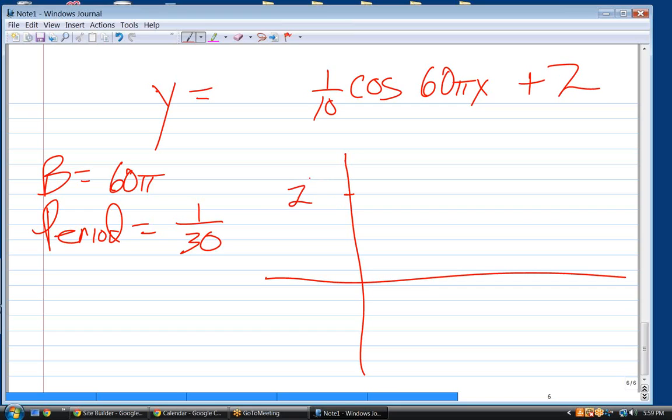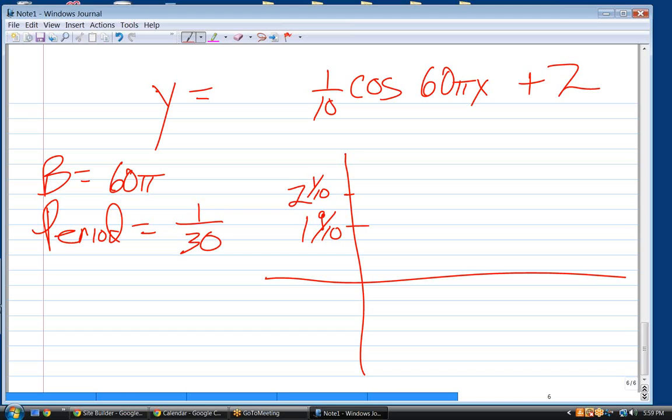With the 2, I'm going to go 2 and 1/10 to what? Negative 2 and 1/10. No, to 1 and 9/10. Oh, yeah, that's right. In other words, the difference between your maximum and your minimum divided by 2 is equal to A.